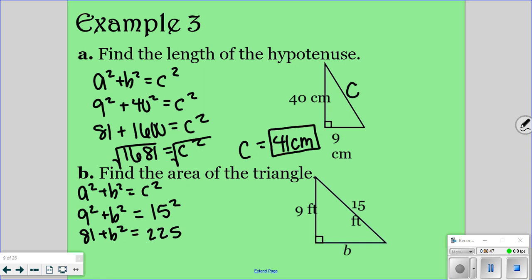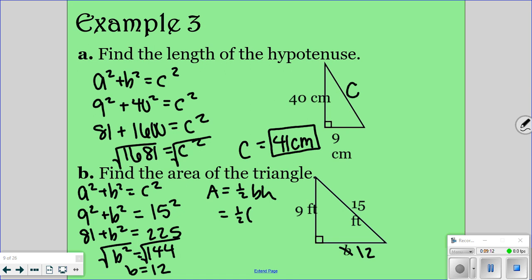So 225 minus 81 should be 144. And then to solve for B, you take the square root. And the square root of 144 is 12. So that means that this is 12. So now we can use our area formula to find the area of the triangle.